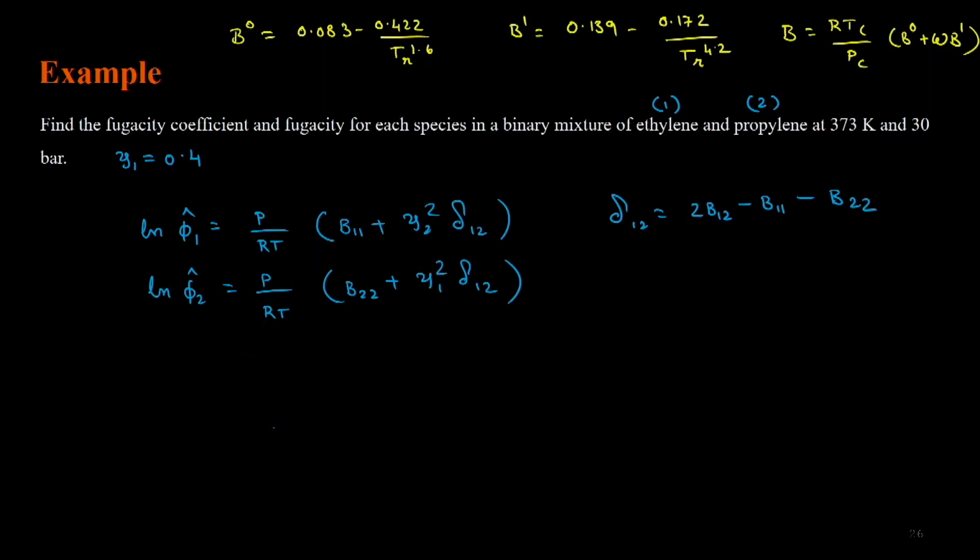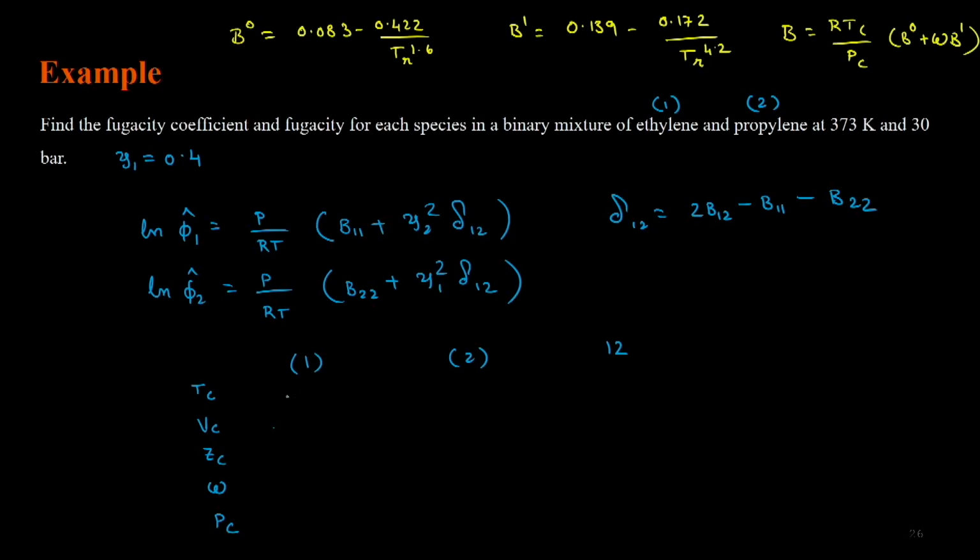First, let us list ethylene, propylene and the pseudo constant 1,2. Let's list each of the critical parameters: Tc, Vc, Zc, omega and finally Pc.